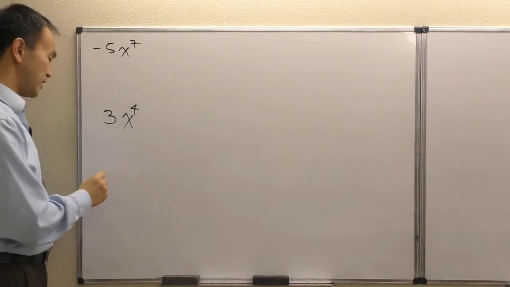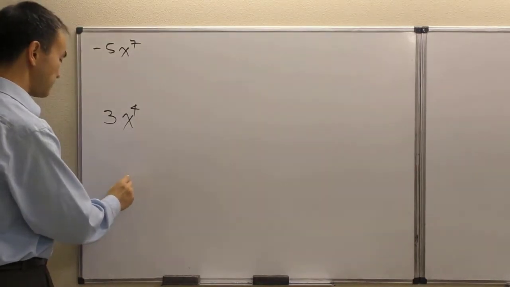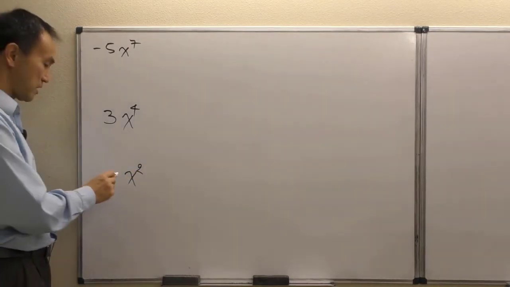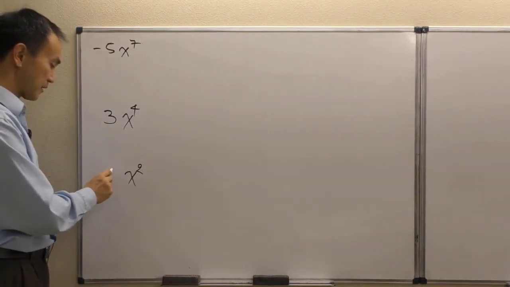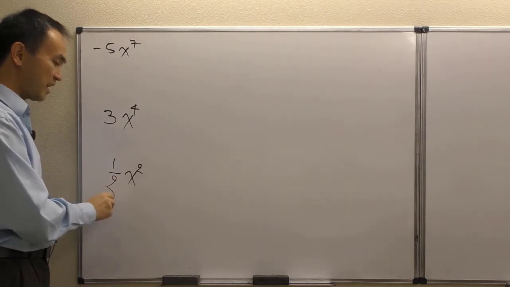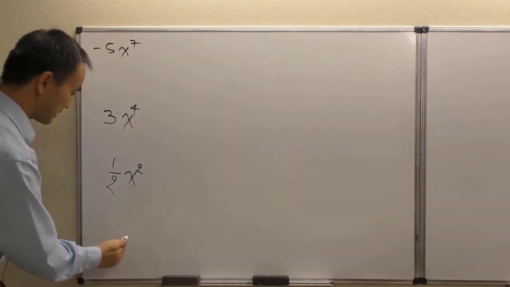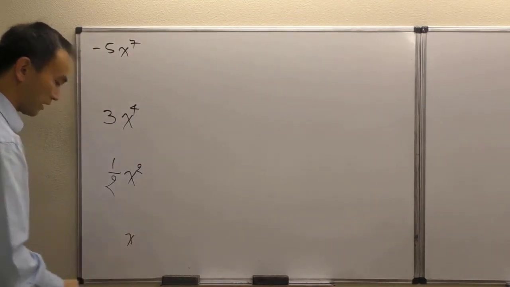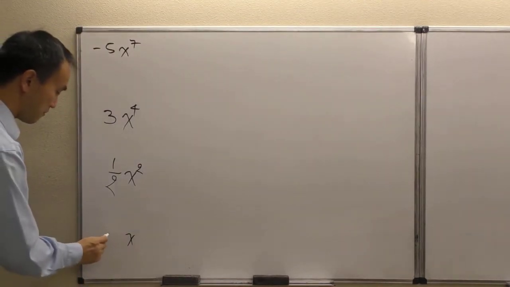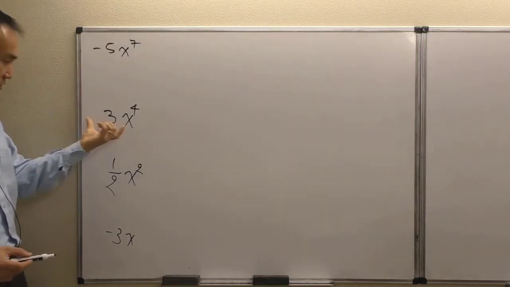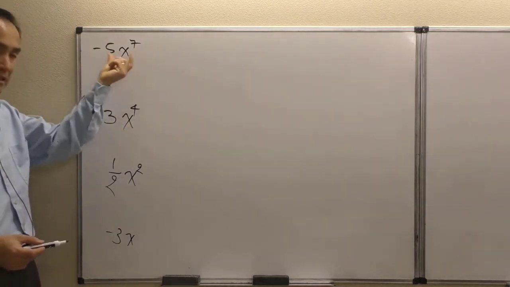Then we can go with a power 2, so x squared with a coefficient 1/2. And then I can go with a power 1, just x right here, now with a minus 3. These are the coefficients corresponding to each of our power functions.